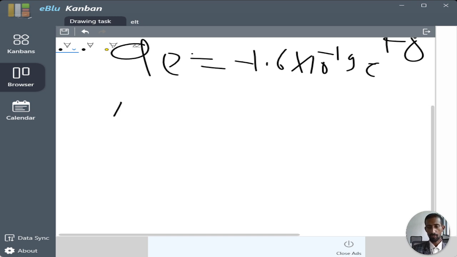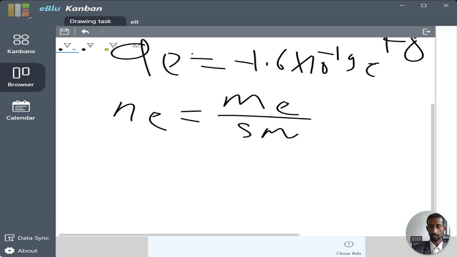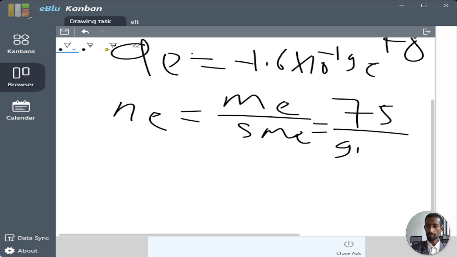To get the number of electrons, we can use the given mass divided by the mass of a single electron. This means the given mass is 75 kilograms and the mass of a single electron is 9.1 times 10 to the power of minus 31.